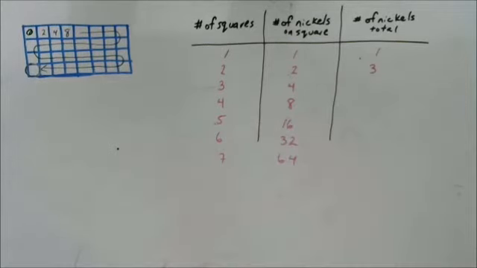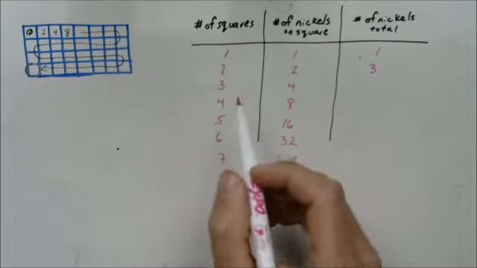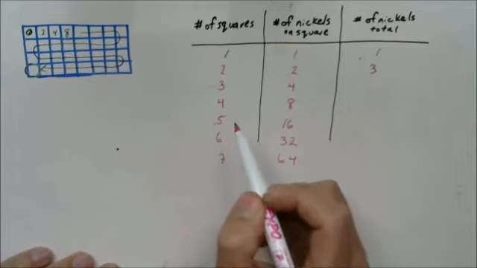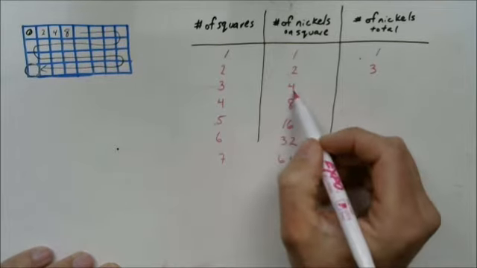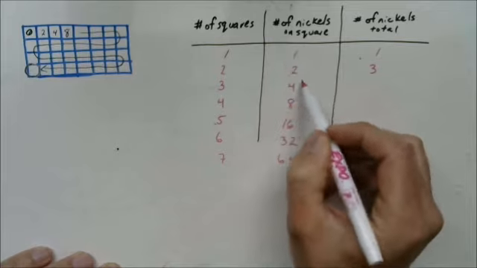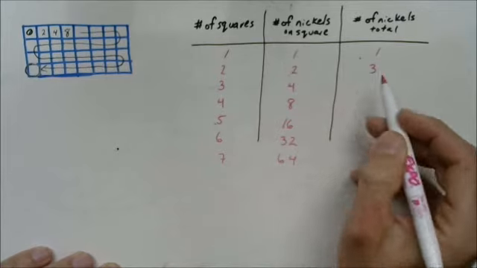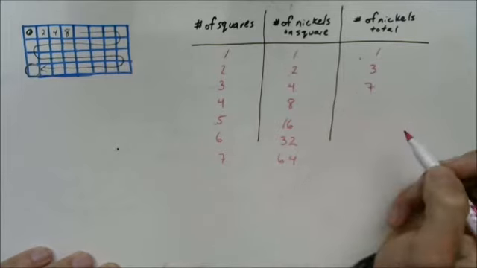Now, let's think about the total number of nickels if we add the square that we're in and all the preceding squares. So if there are 4 on the third square, we really have 4 plus the 2 preceding. So it's 4 plus 3, actually, which gets us 7.